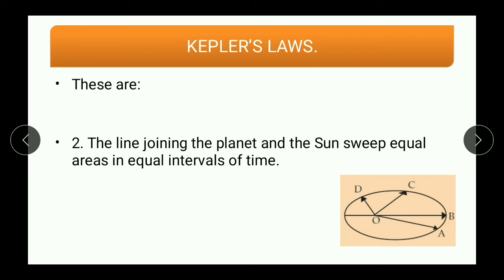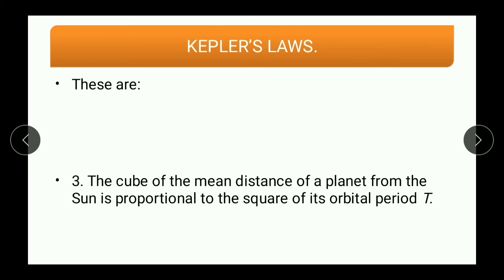So if you calculate the areas of sectors after each day, you will find that the area is the same. So the statement reads, the line joining the planet and the sun sweeps equal area in equal interval of time. Then comes the third statement: the cube of the mean distance of the planet around the sun is proportional to the square of the orbital period.